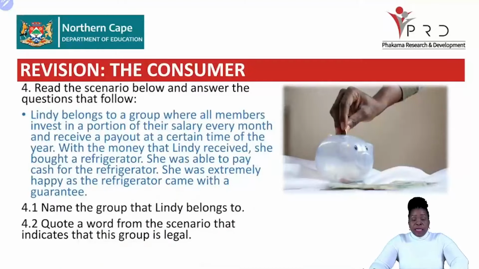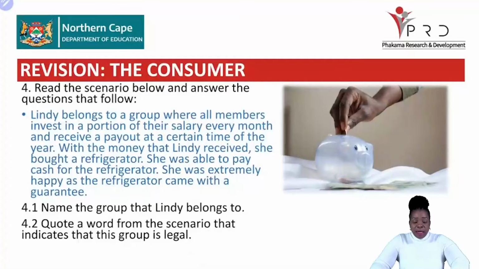Let's move on, learners, and then we go to the next revision, which is on the consumer. We go to number 4, which says read the scenario below and answer the questions that follow. I'm going to read the scenario for you, learners.